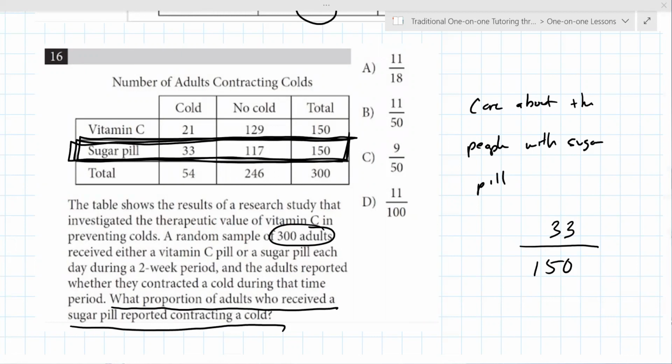No. There's no answer, but you should divide. So what can you divide each of them? 33 divided by 150. Yes. What goes into both of these numbers? Let me think.